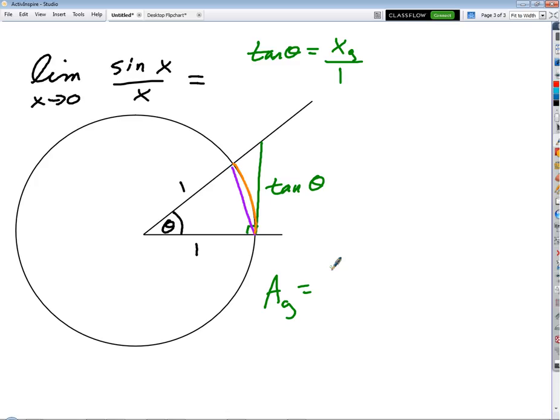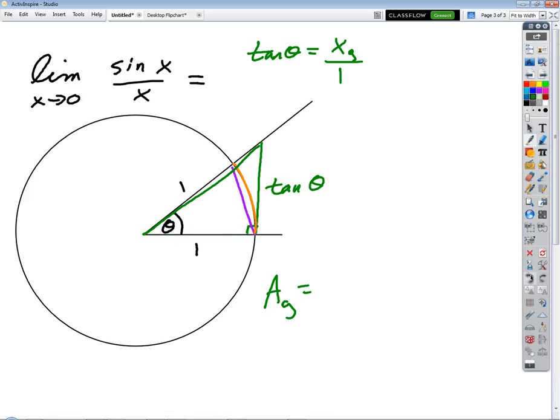This is the green triangle right here. It's a right triangle. That's the base and that's the height as it currently sits, right? So tangent theta over 2.